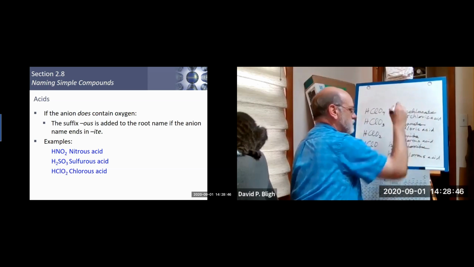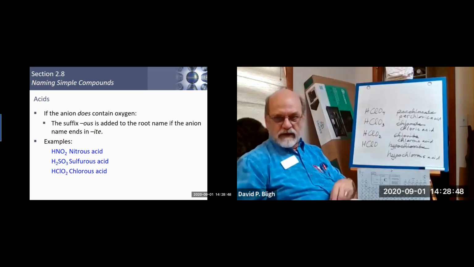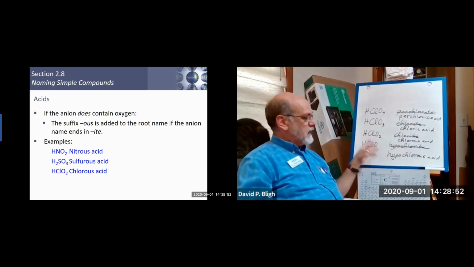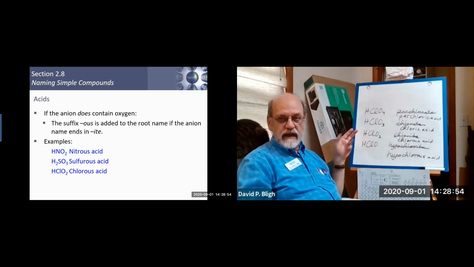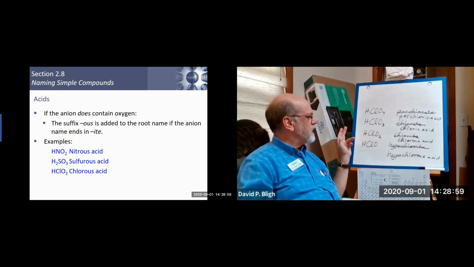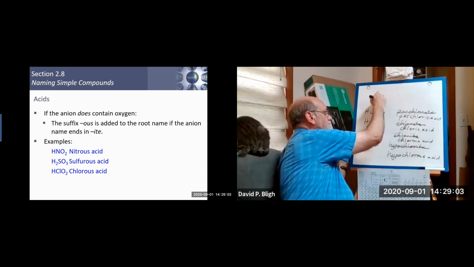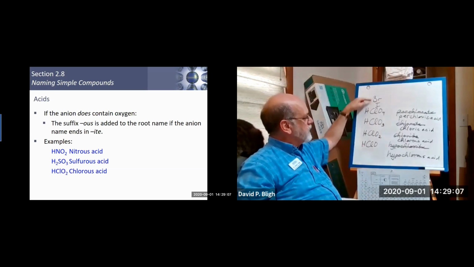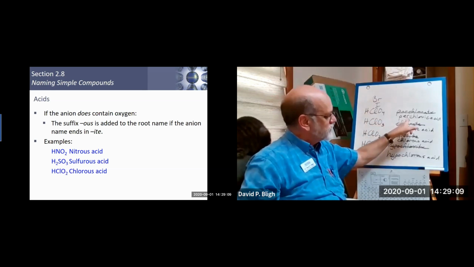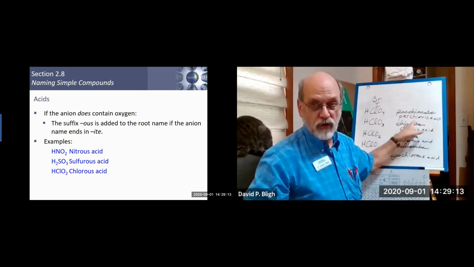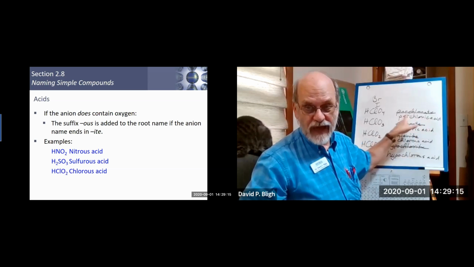Okay? So there's a method, and you can do this with any of the halogens. You can do it with chlorine, bromine, and iodine. Just substitute one in here, and the name just substitutes here. Instead of perchloric acid, it's perbromic acid or periodic acid.